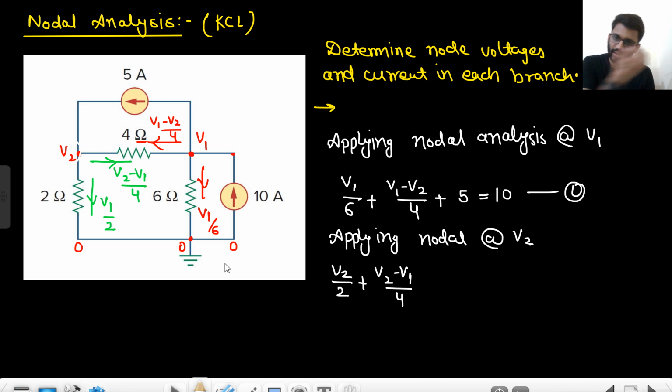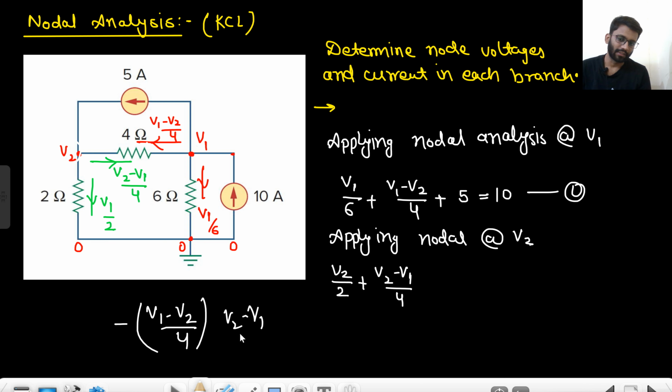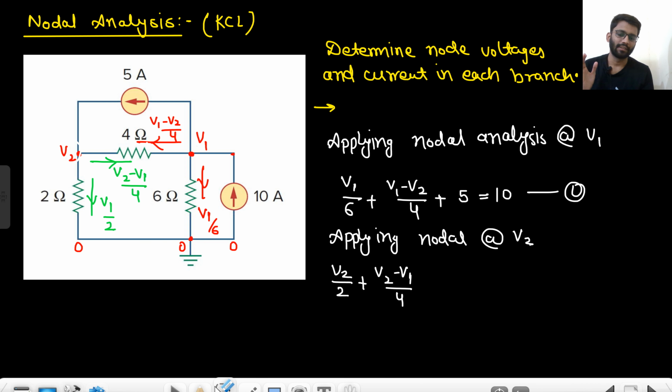Are you getting it? V1 minus V2 by 4 is an incoming current for node V2. So what you will do? You will put a negative sign. So basically it will give you V2 minus V1 by 4, positive only. Or you can simply take the outgoing current. So we are taking only the outgoing currents. So this is the outgoing current. Now the 5 ampere current is incoming, so equal to 5.